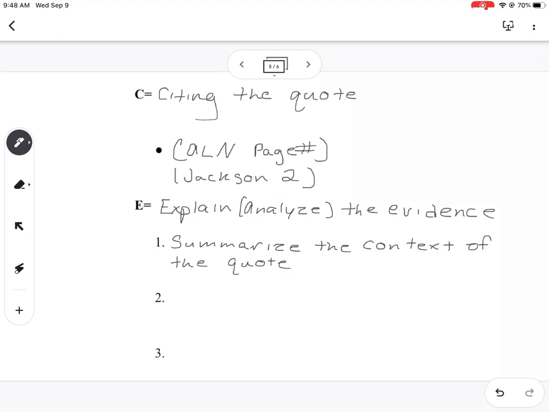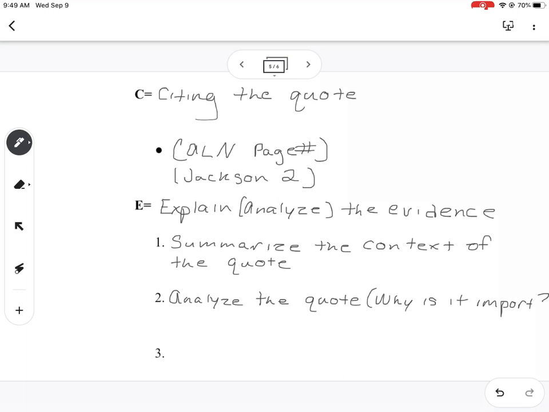The next is actually analyzing the quote. Now, if you're stuck, there are 2 questions that you really should be asking yourself. And that should be, why is this quote important? Why is it important? Of course, I'm going to run out of room. So why is it important?